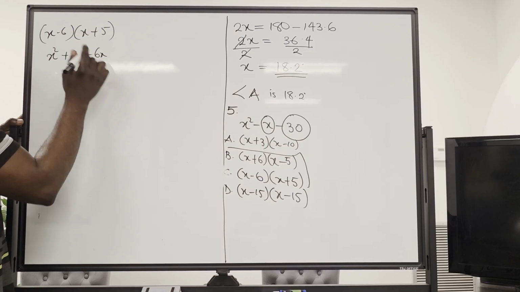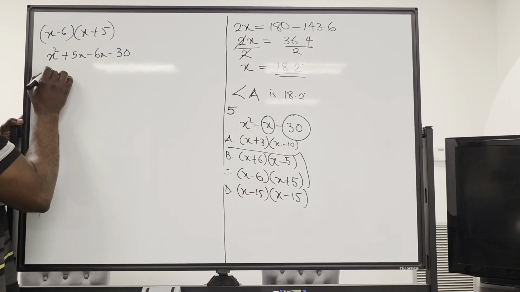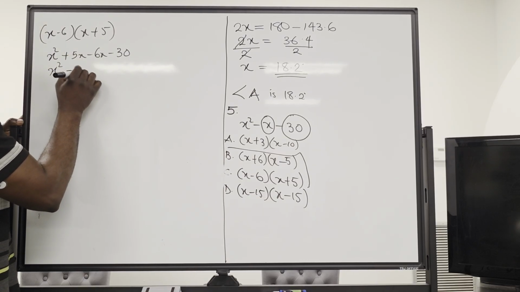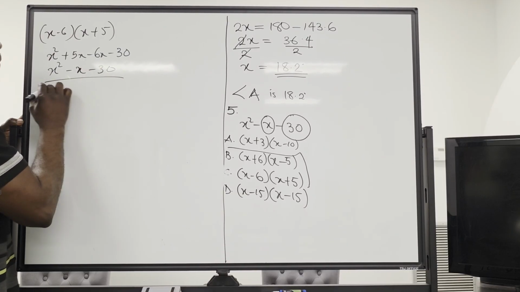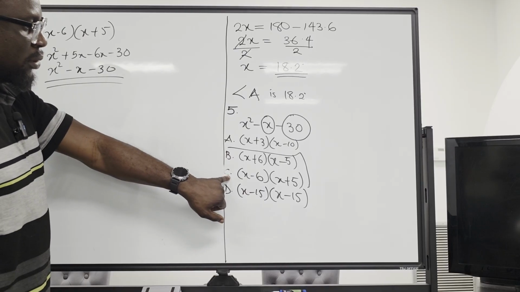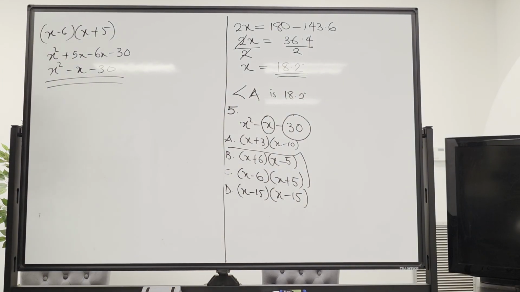And 5 times minus 6 is minus 30. So you have x squared, 5x minus 6x is minus x, minus 30. That's how they got this equation. So your answer is C, x minus 6, x plus 5.